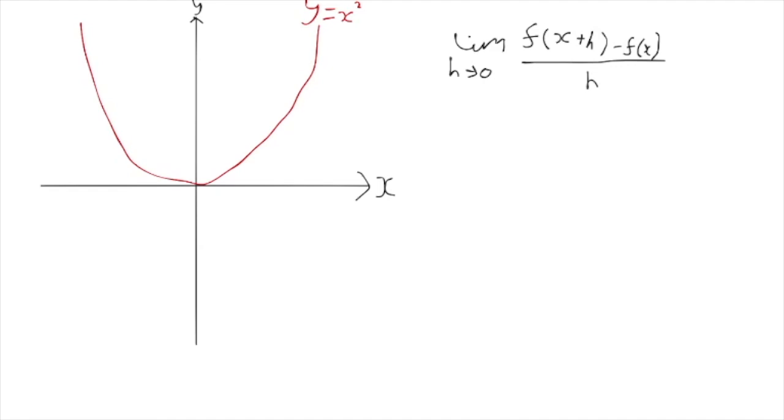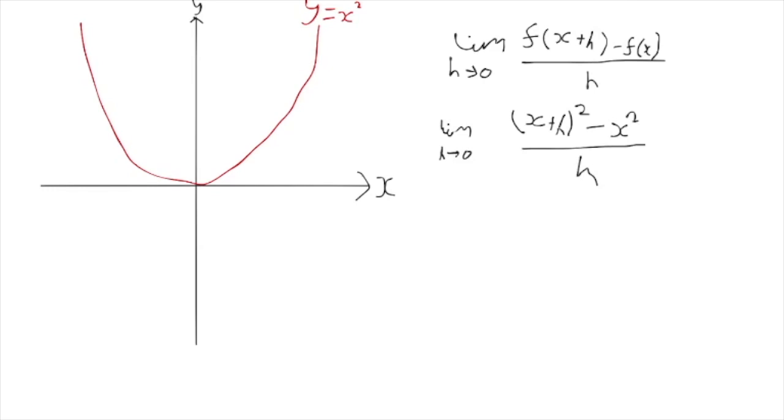So now we're taking the limit as h tends to 0 of x plus h squared minus x squared over h.